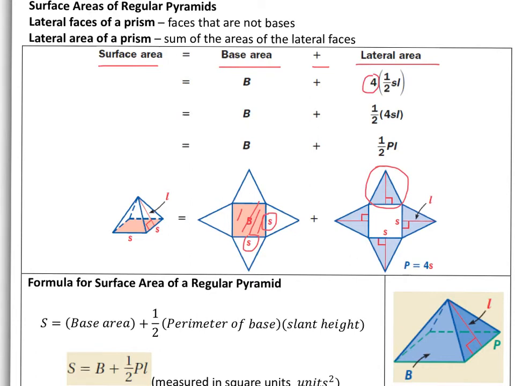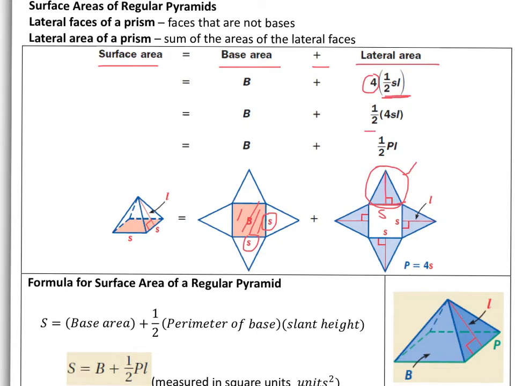And to calculate the area of one triangle, we just take half times the base, which is S, and multiply by the slant height of L. And this is where it comes from.